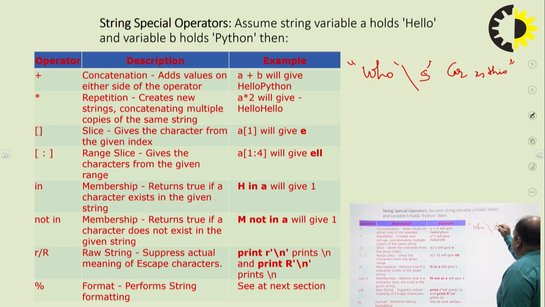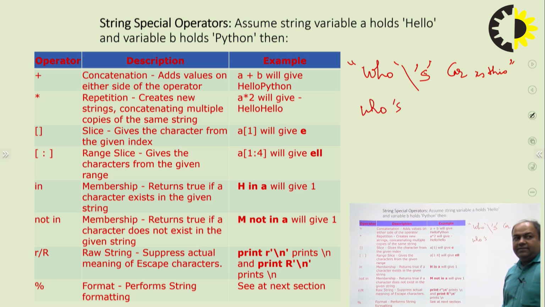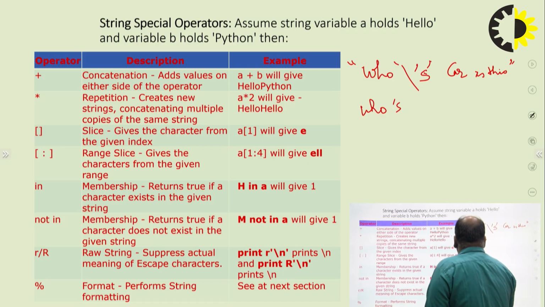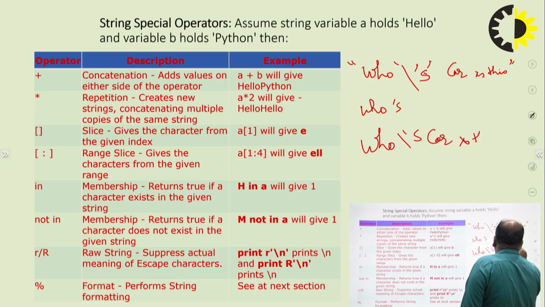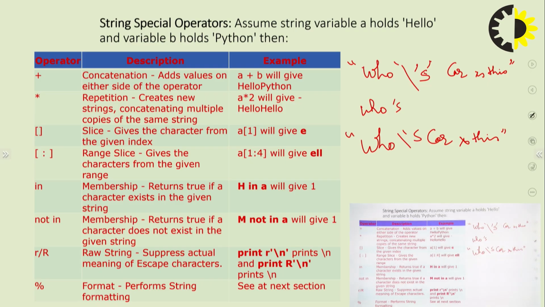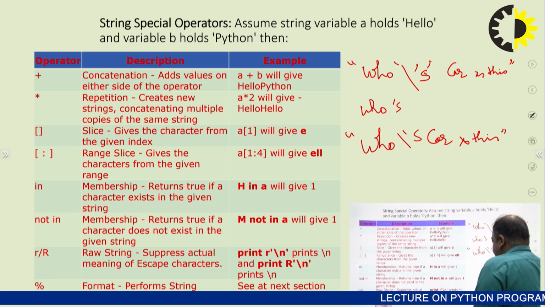If we want to represent it normally, then we need to write it like this. But if I want to print it as a raw string, then it will print it as this. This is a raw string. A raw string is used to represent the string as it is, in its actual form.